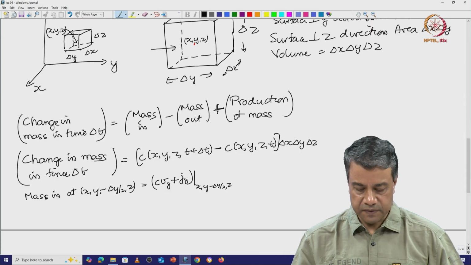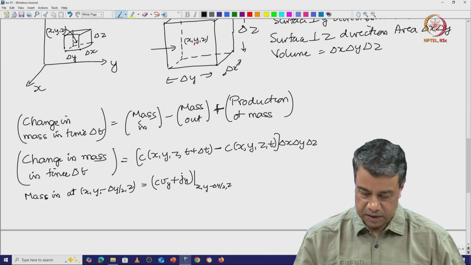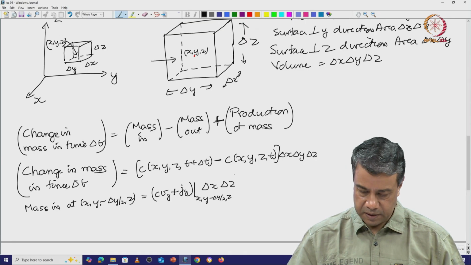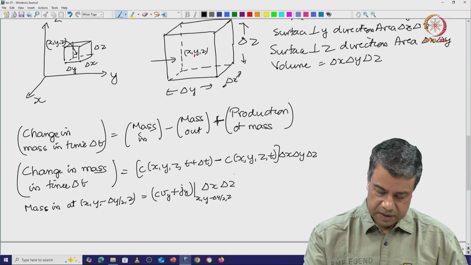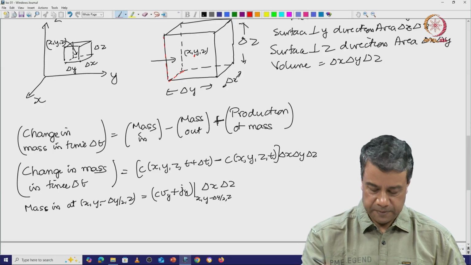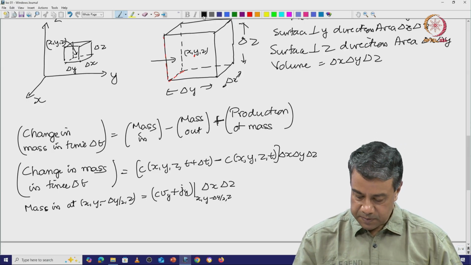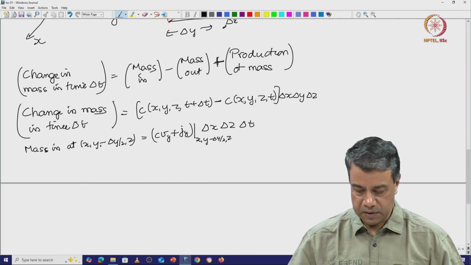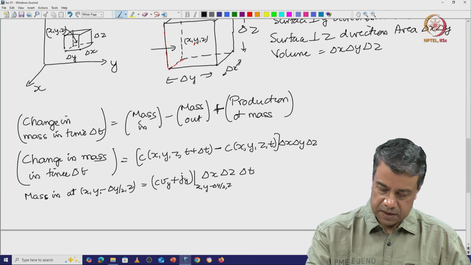The area of the surface perpendicular to the y direction is delta x times delta z, because I have a distance delta z in the z direction and delta x in the x direction, times the time interval delta t, because the flux is defined per unit area per unit time. So, that is the mass in.